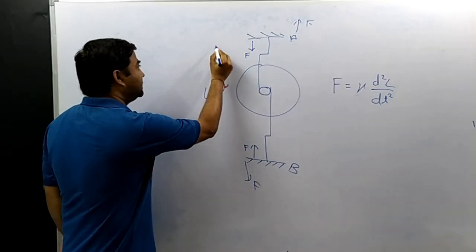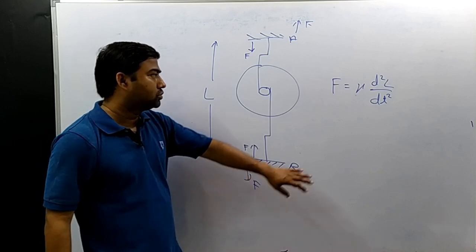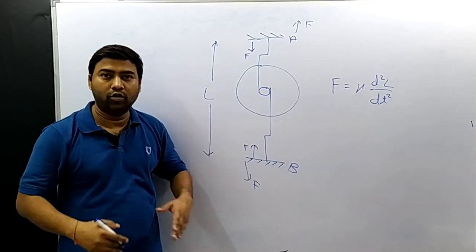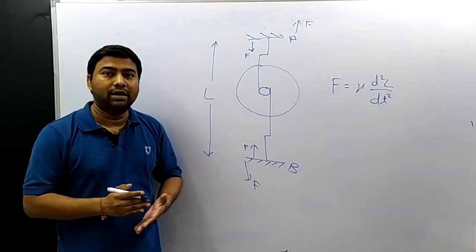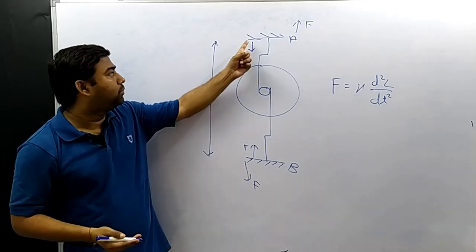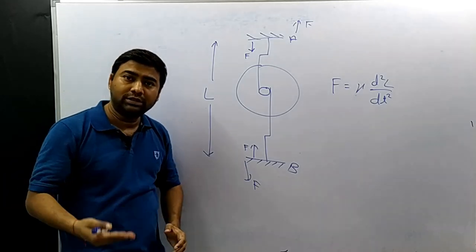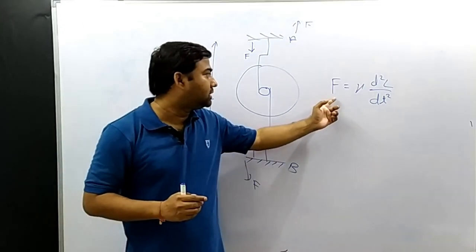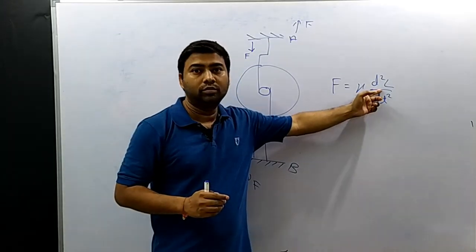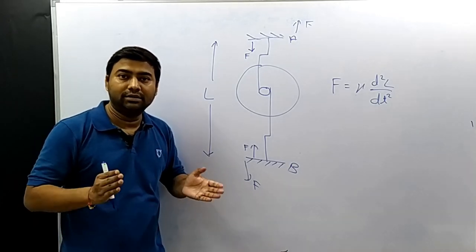This length is nothing but the distance between A and B. So this second derivative of the distance between A and B is nothing but the acceleration of point A with respect to point B.